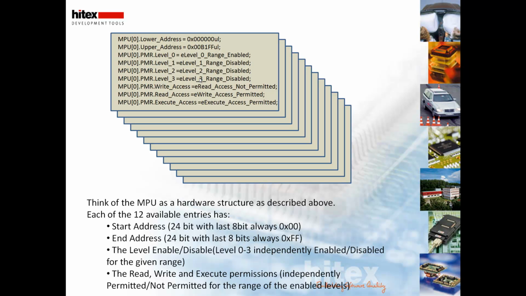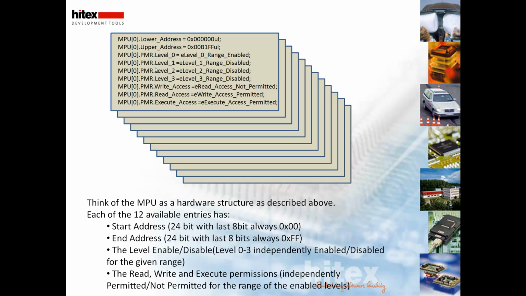It may well be that level 0 has access to all of the system resources, but we may have a bootloader, for example, which we choose to put into level 1, and level 1 only has access to a certain range of SRAM and a certain range of flash. So that may be how we partition it up.